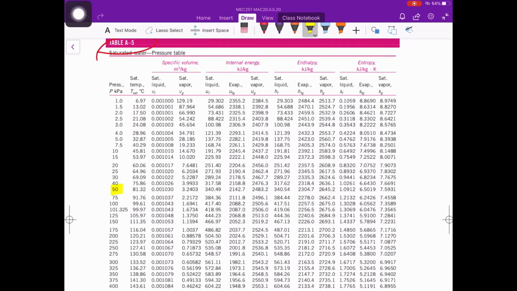Therefore, the enthalpy will be equal to 340.54 kilojoule per kilogram. And we also can obtain the value for the specific volume at state 4. So then we can use this value later to find the enthalpy at state 1.